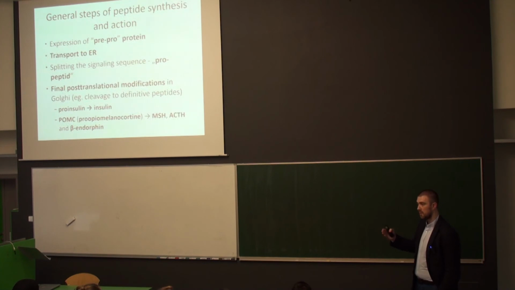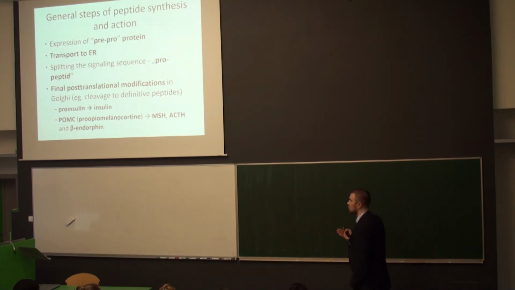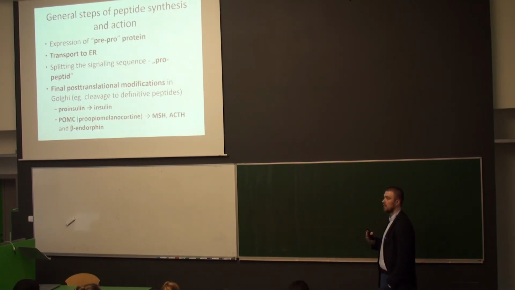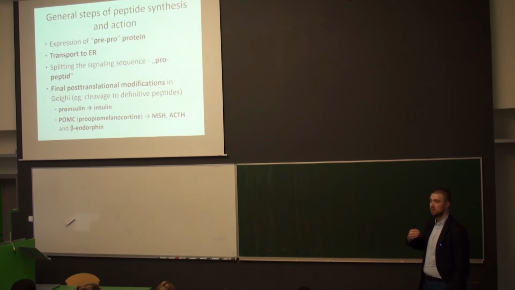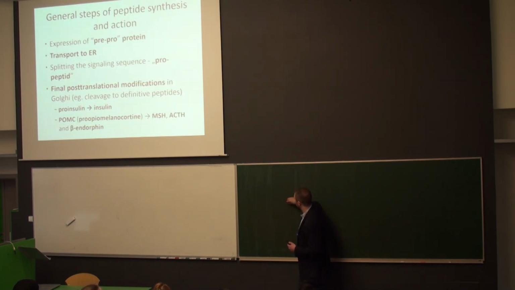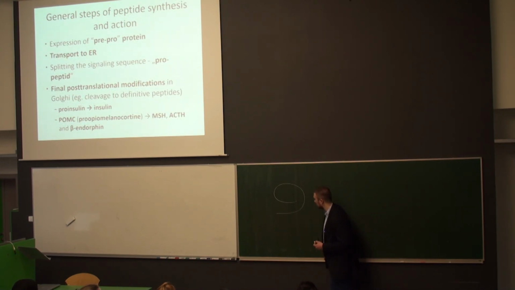Then in the endoplasmic reticulum and in the Golgi apparatus, you do some post-translational modifications. For each peptide signaling molecule, these modifications are different. For example, the proinsulin looks like this, and if you do the post-translational modification, one thing is that you remove something that we call the C-peptide. That means the final insulin molecule is this, and you must join the chains by disulfide bonds.